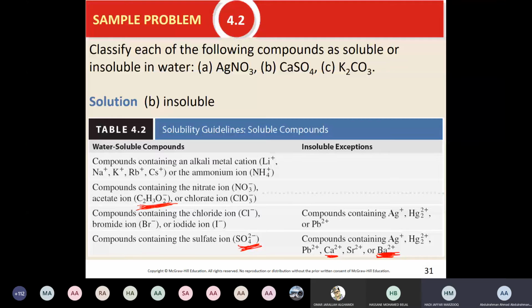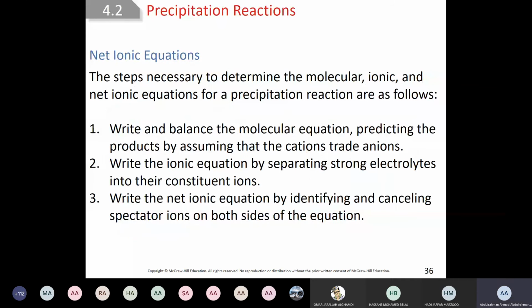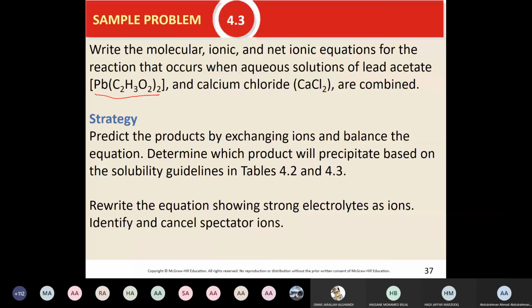Acetate means soluble. Clear? So, is this soluble or not soluble? Soluble. How about calcium chloride? Soluble also.